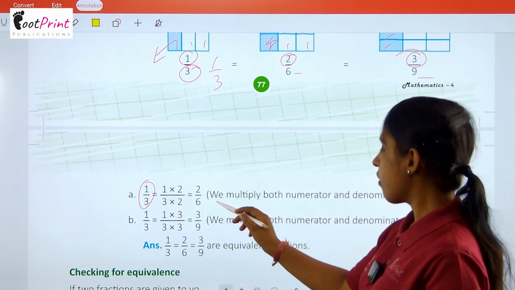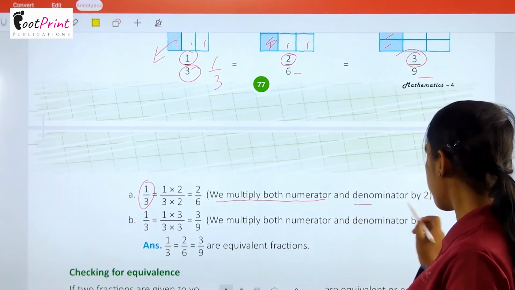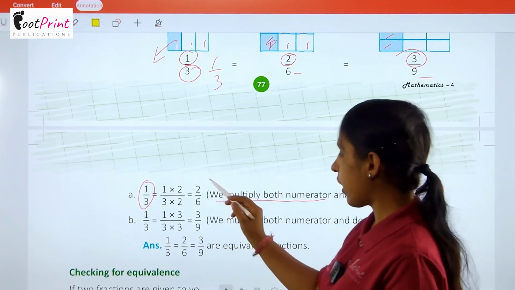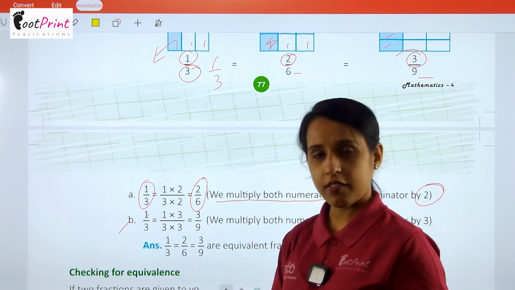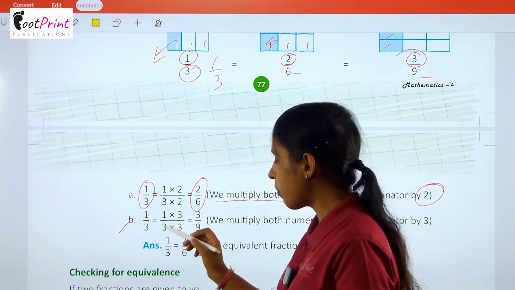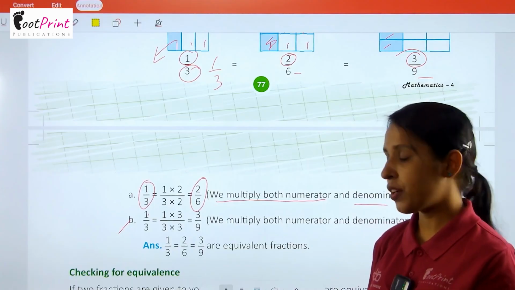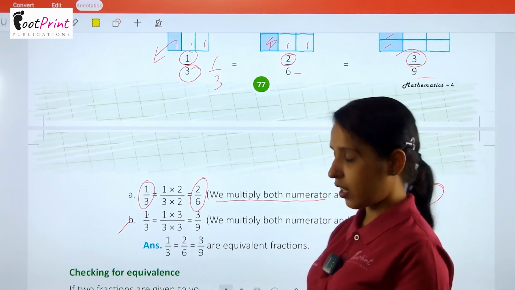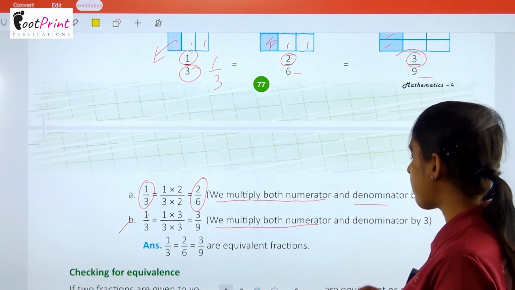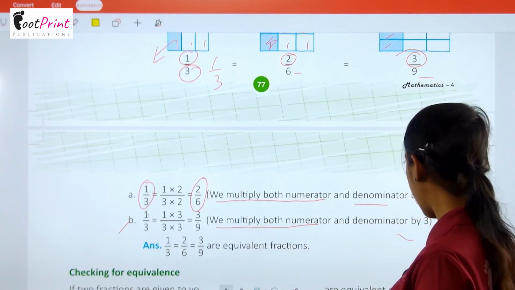So here we multiply both numerator and denominator by 2 and we get 2 by 6. Now next, 1 by 3 is given and we will multiply it by 3, both numerator and denominator. It will become 1 into 3 is 3 and 3 into 3 is 9. So we can write here we multiply both numerator and denominator by 3.